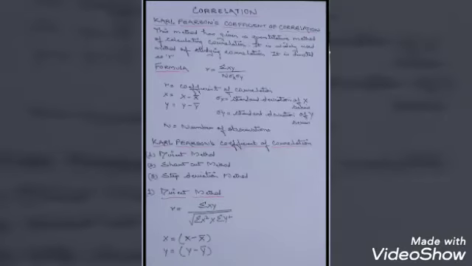If the deviation is assumed, then this will not be used. And you know very well that the value of the coefficient of correlation, calculated on the basis of this formula, is always between +1 and -1. So the value of r will vary between +1 and -1.